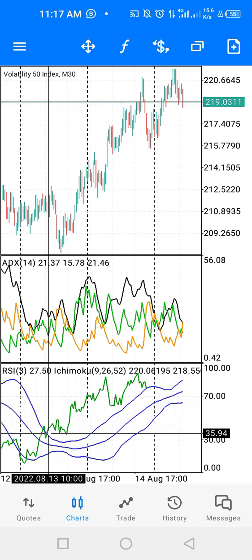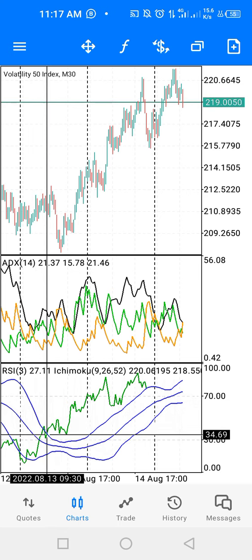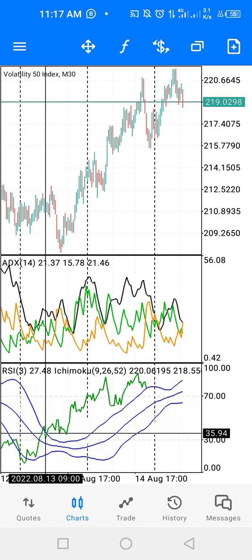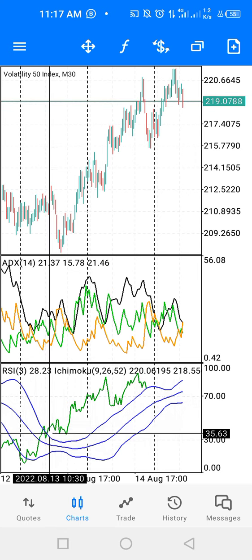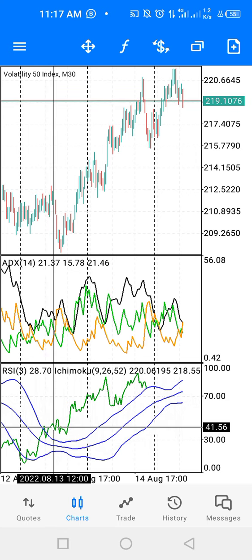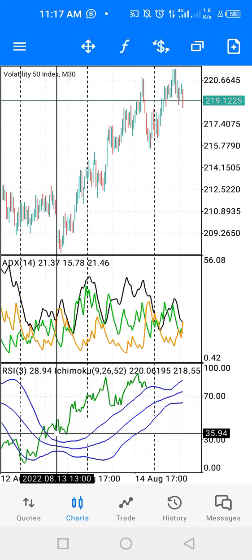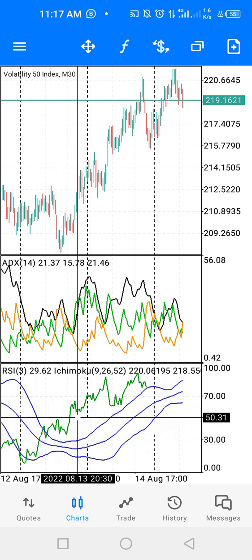This confirmation is now telling you the bullish trend, because look at where the Ichimoku is. It is touching the upper BB, which is telling you that bullish is about to start. That's it. It gives you that signal. It gives you the direction of what is going to happen.